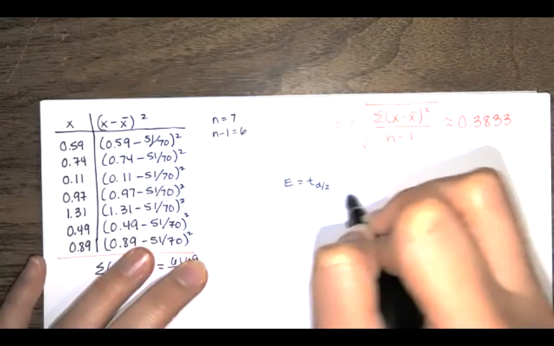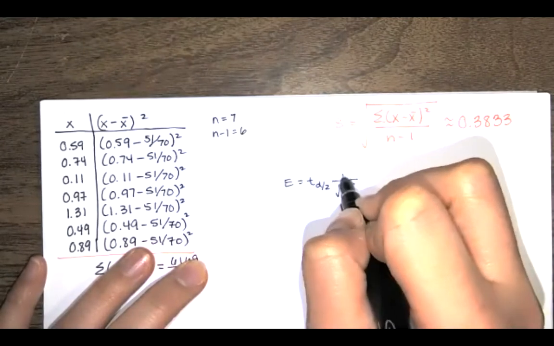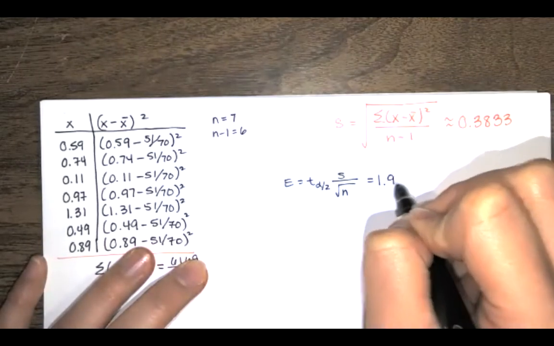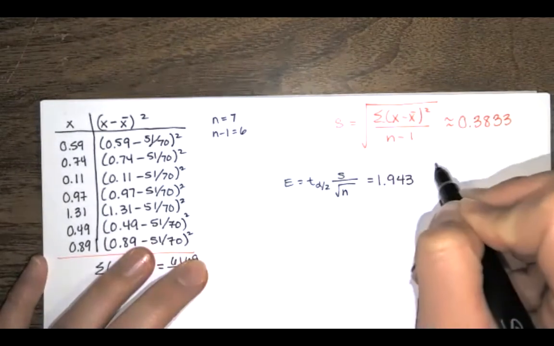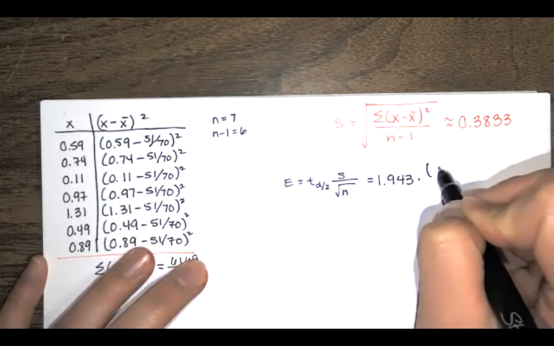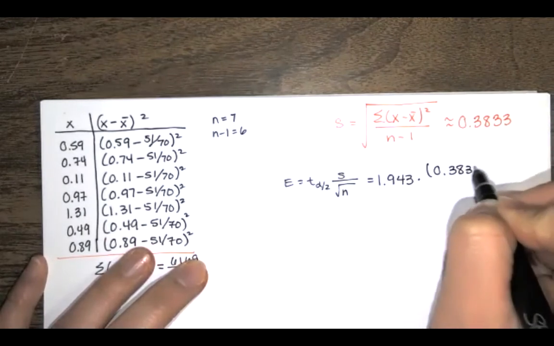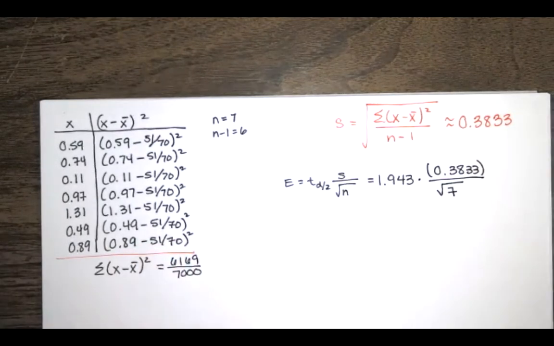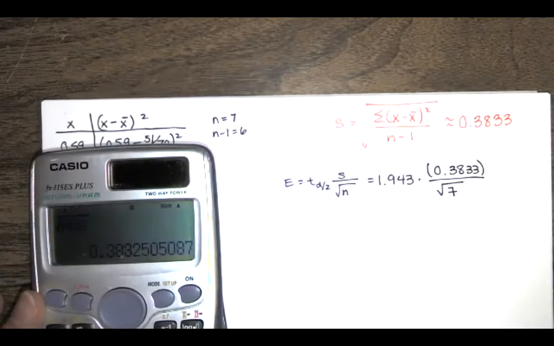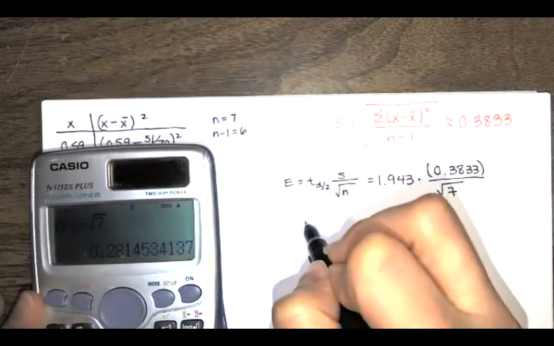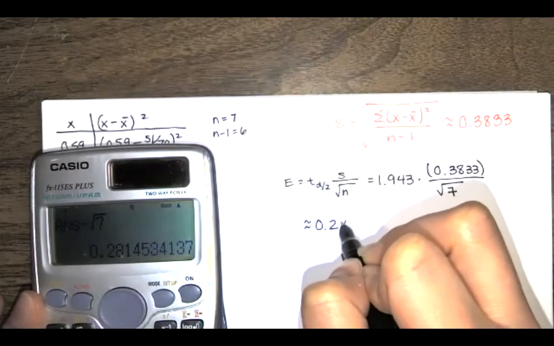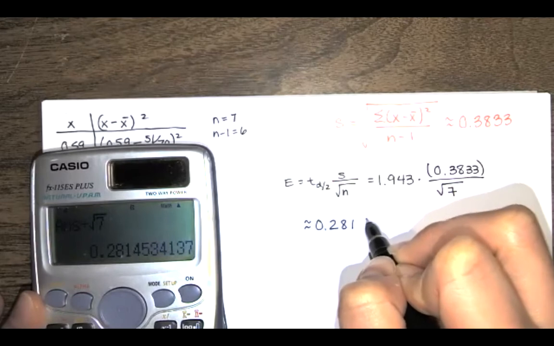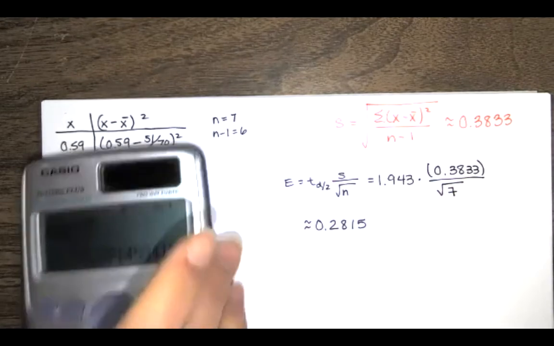E equals 1.943, that was this, times approximately 0.3833 divided by the square root of the sample size, which was 7. And I get an error of approximately 0.28145. So I guess I would round that to 5.